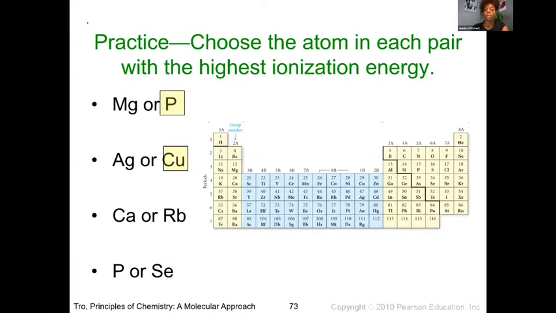Between calcium and rubidium, calcium is further up and further to the right compared to rubidium, so we would select calcium. And for phosphorus and selenium, you notice where they're located, they both have opposing trends, so we wouldn't be able to declare this.